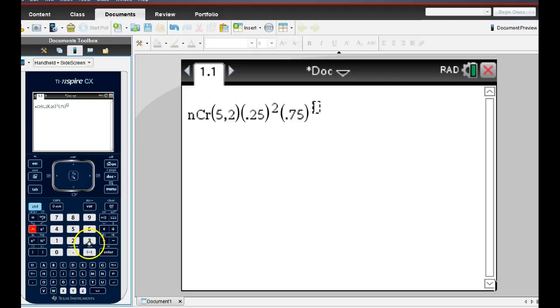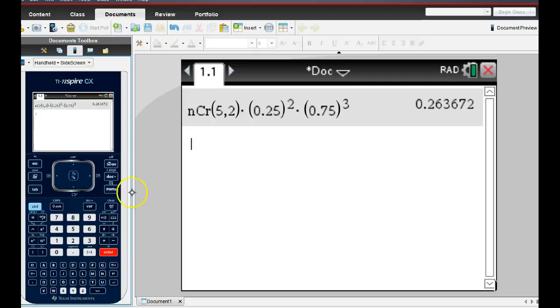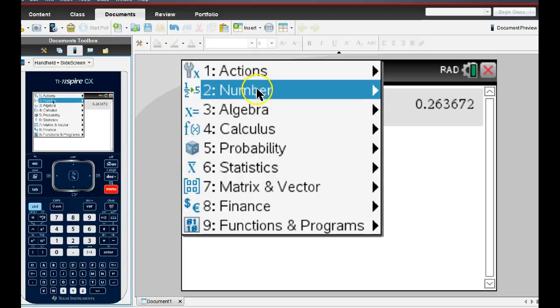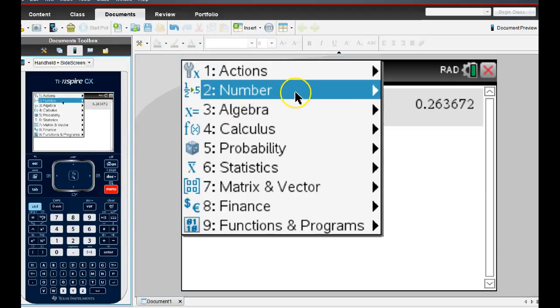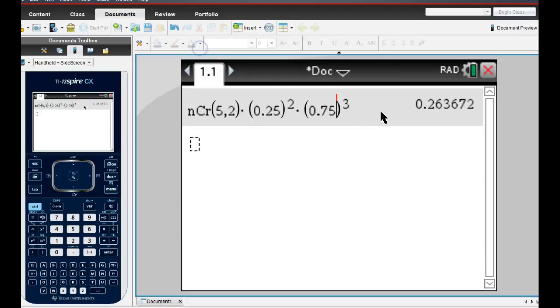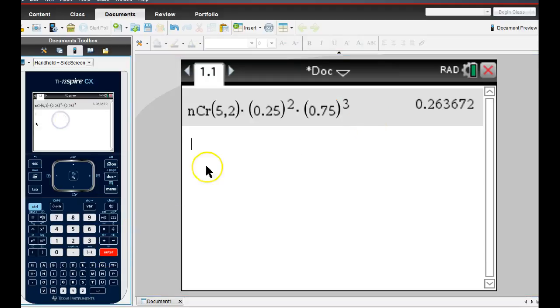And 5 minus 2 was 3. And you would hit enter, and we can actually express this one as a fraction by hitting menu, number, and let's hit approximate to a fraction. Whoops, I think I missed that. Let's try it again.